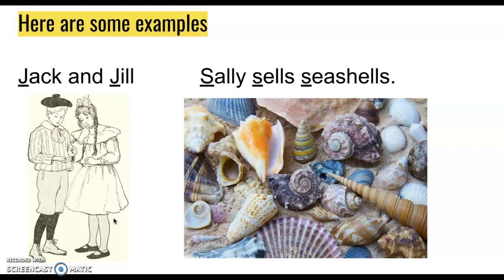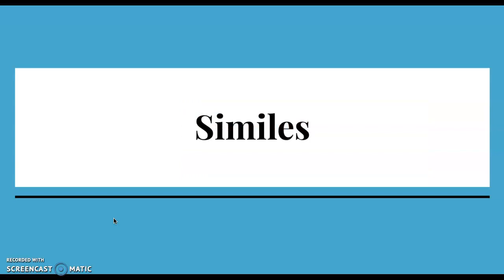Sally sells seashells by the seashore. Okay, you have that repetition of those S sounds. Bubbly Brittany. You can find alliteration a lot of places. Manic Monday, Terrific Tuesday, Wacky Wednesday. Those are all examples of alliteration.